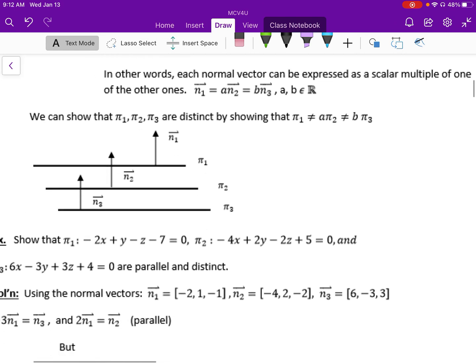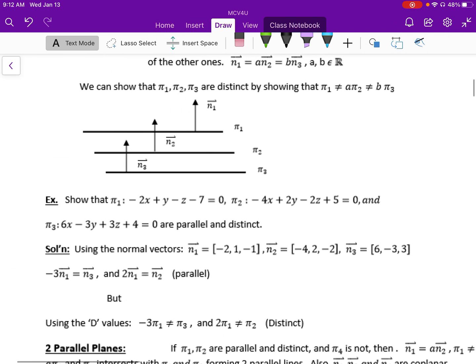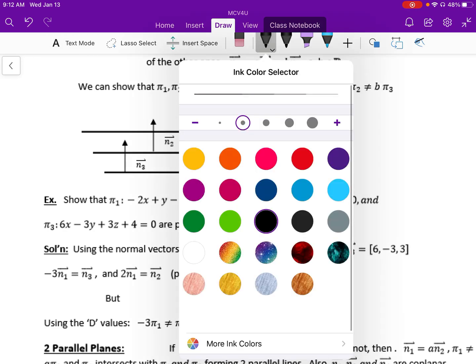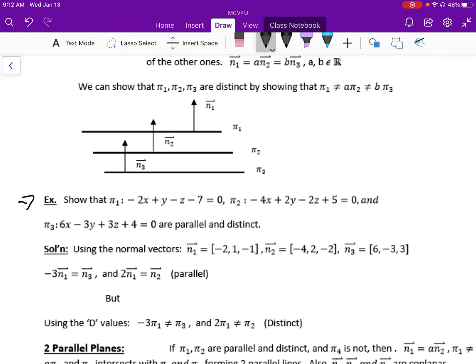If we look at the solution or the example that we have, for this example, if we're going to show that pi 1, pi 2, and pi 3 are parallel and distinct, find out what the normals are. Are they scalar multiples of each other? You'll see that they are.